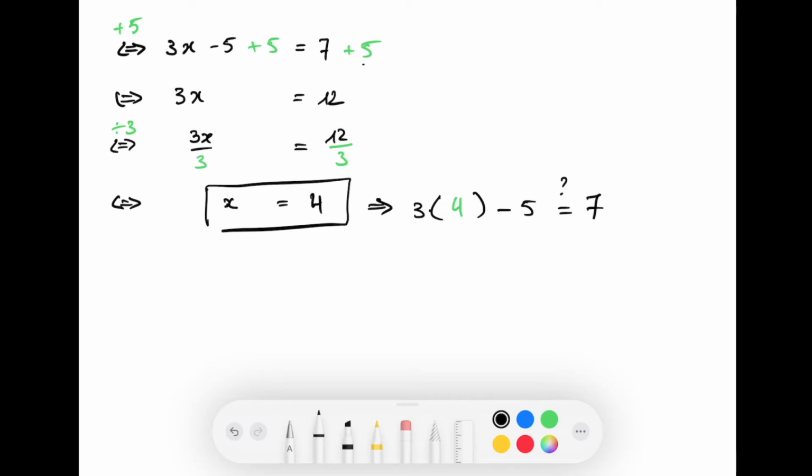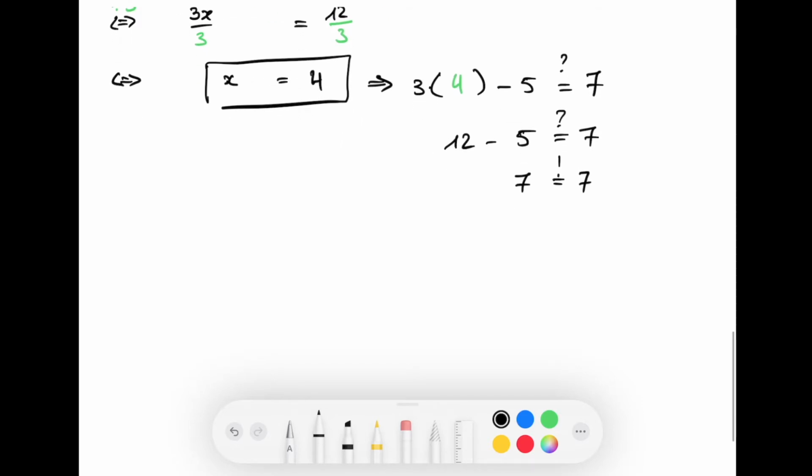So 3 times 4 is 12, minus 5 is equal to 7. Well, yes, 12 minus 5 is equal to 7, so we didn't make any mistakes. So again, here we just used the basic strategy of putting all of the x's on one hand side of the equation and all of the numbers on the other side of the equation.